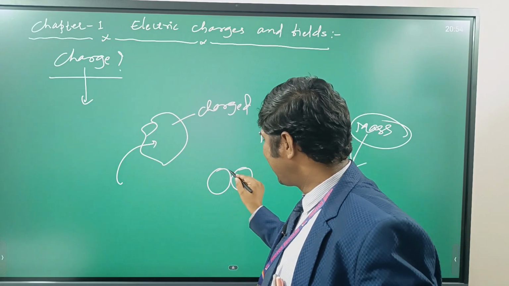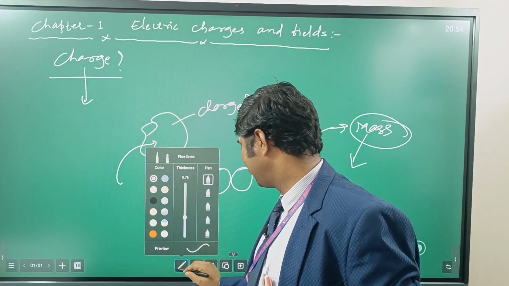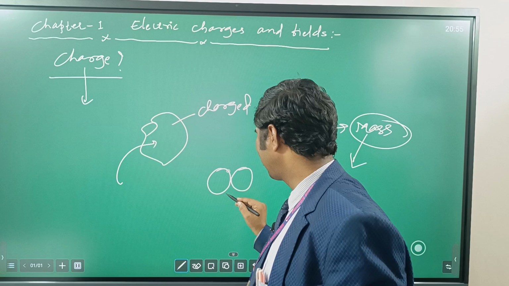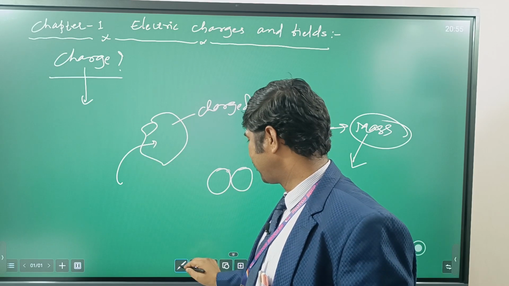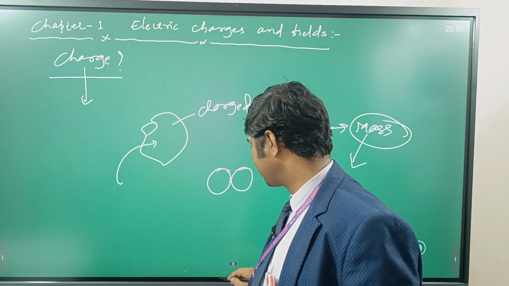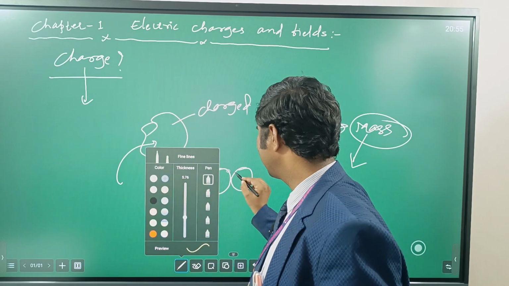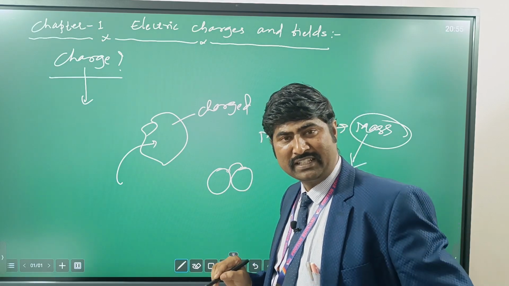This is the last orbit. I will take an example of this electron. At normal room temperature, it will be transferred to the next atom.